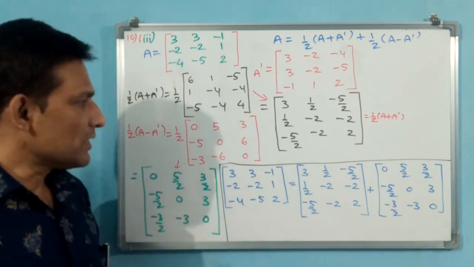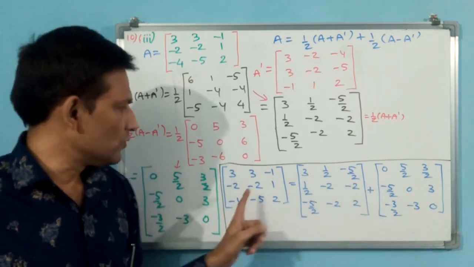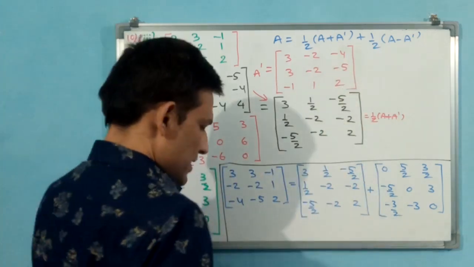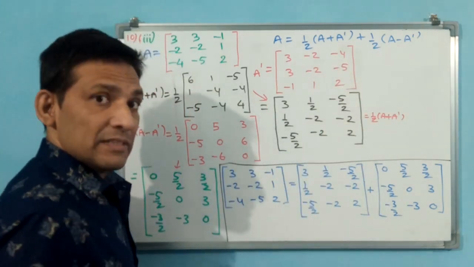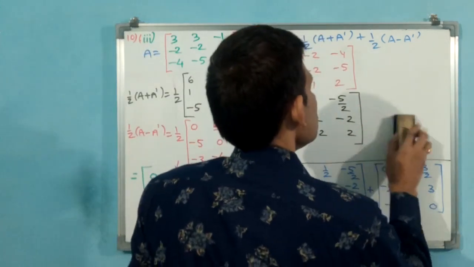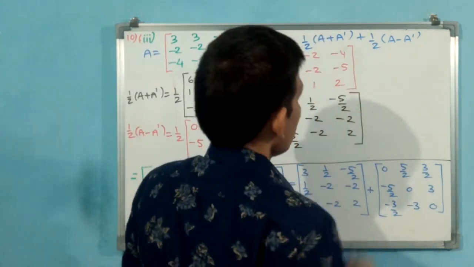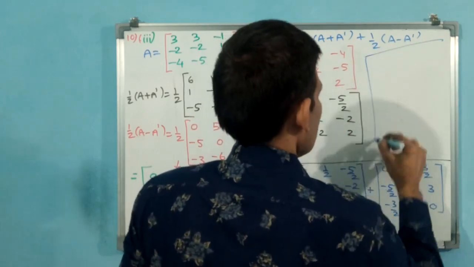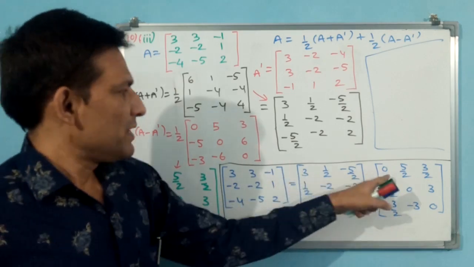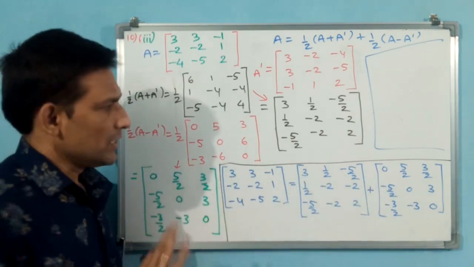But do we know whether after adding these two, this is going to come like this? We don't know. Here some space is there, so we will do some calculation. This is rough calculation for our internal understanding. 3 plus 0 is 3. That is okay.